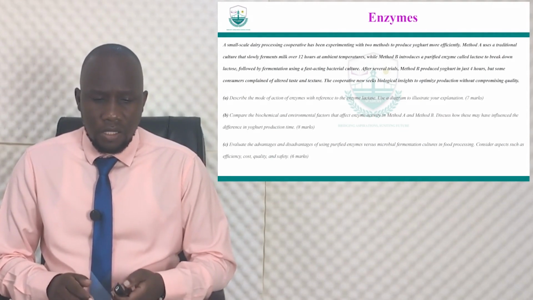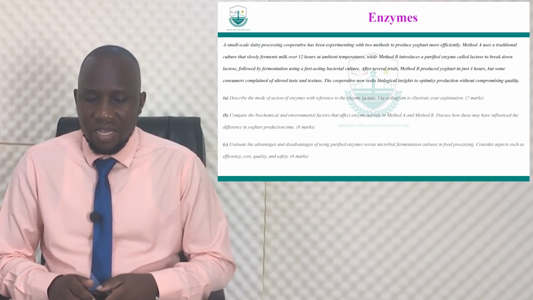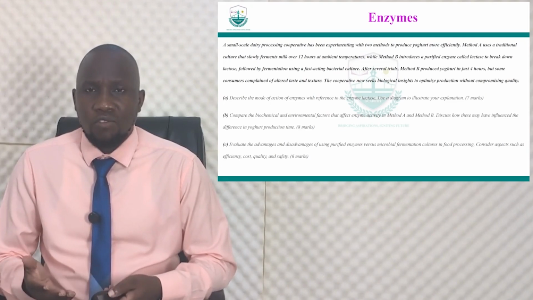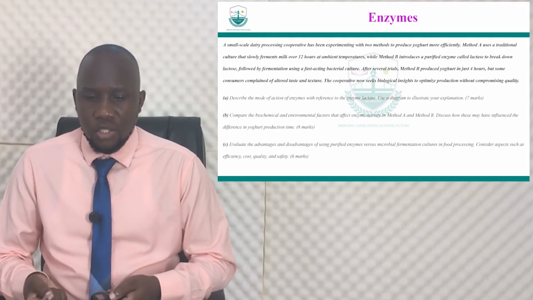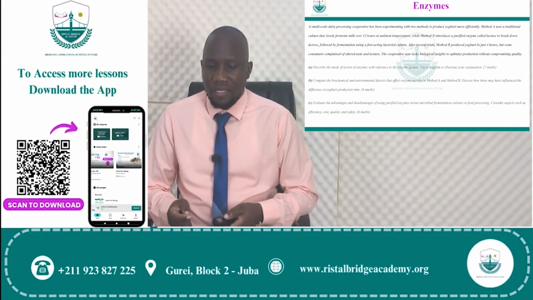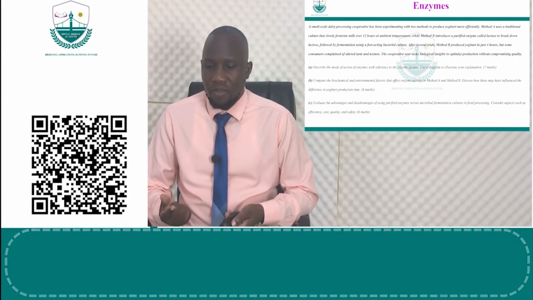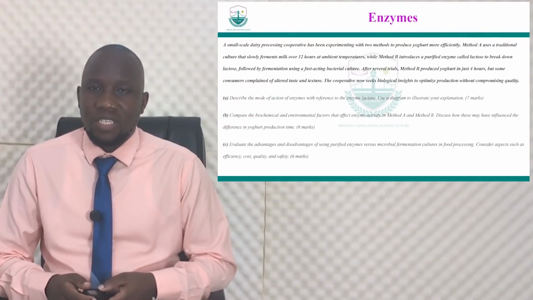And then part B, about the biochemical and environmental factors that influence enzymatic activity in A and B, and show how they influence. The factors that will influence the enzymatic action are to do with the temperature, and to do with the media. How does the media come in? In case A, we have traditional culture, which is the medium through which the enzymes are working.